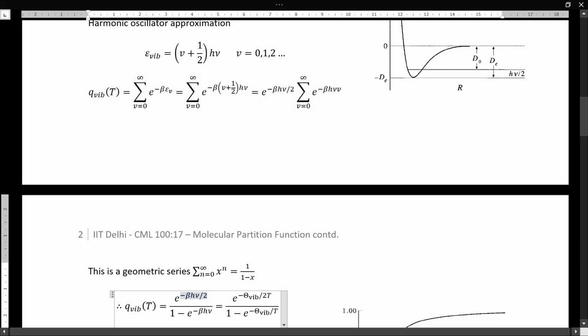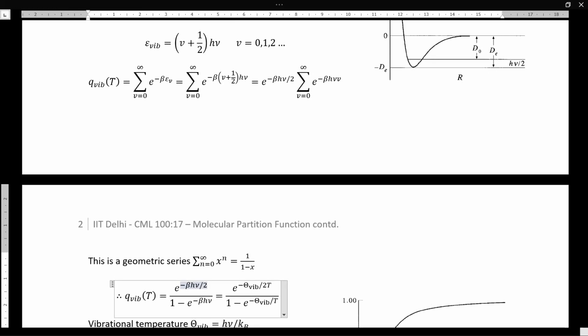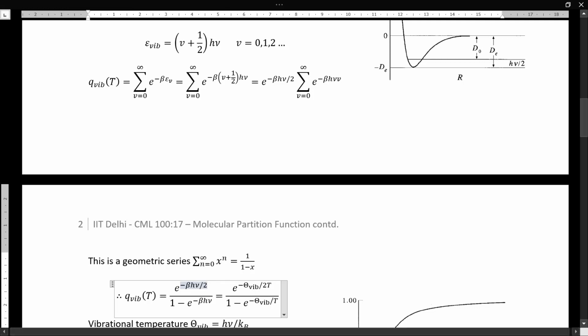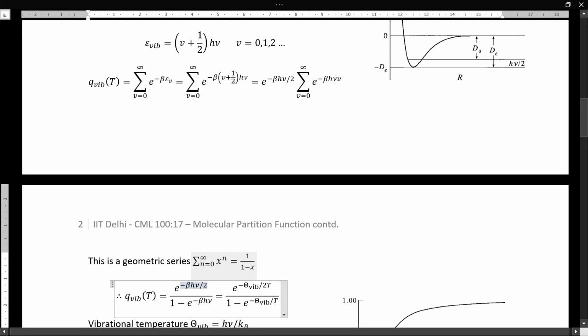Now, this happens to be a very nice geometric series, x to the power n. So summation of x to the power n is 1 over 1 minus x, given the fact that x is less than 1. Okay, only then this summation holds true.